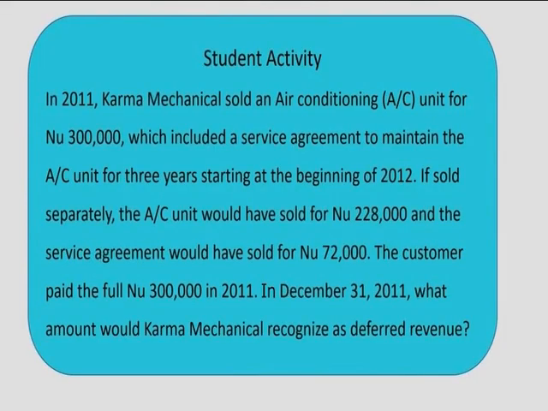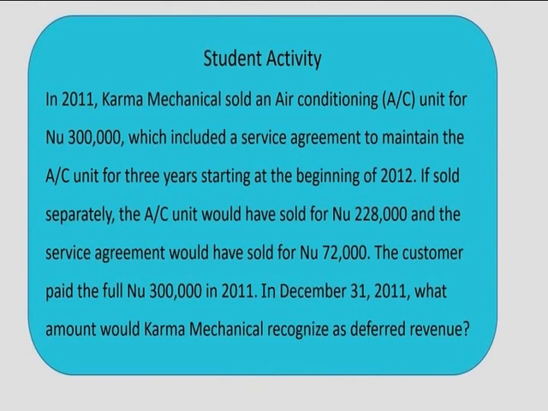Student activity. So this is the activity for the students. In 2011, Karma Mechanical sold an air conditioning AC unit for 300,000, which included a service agreement to maintain the AC unit for 3 years, starting at the beginning of 2012.